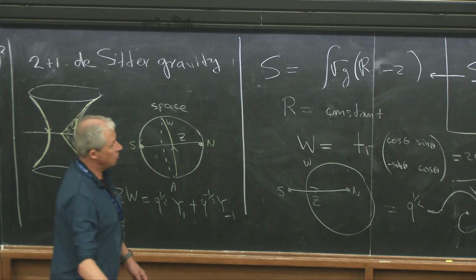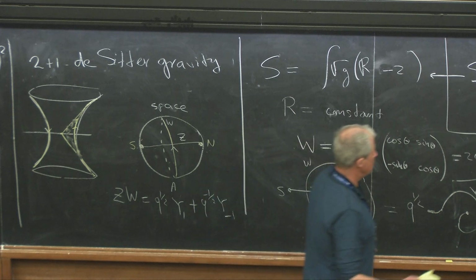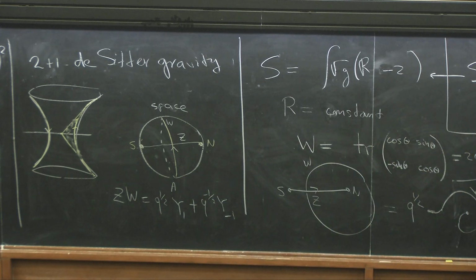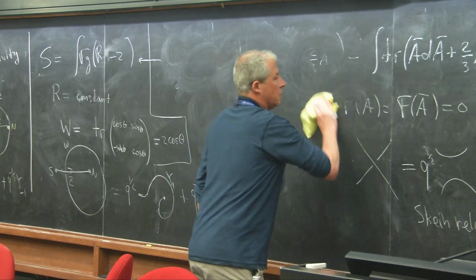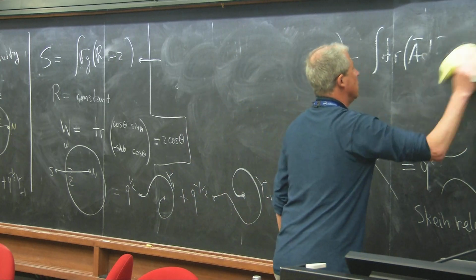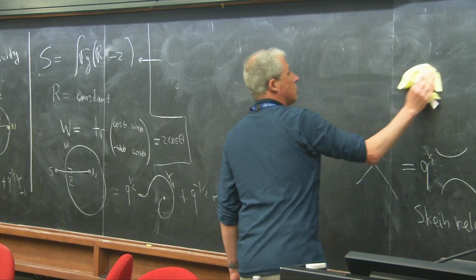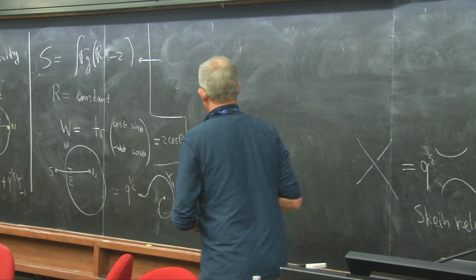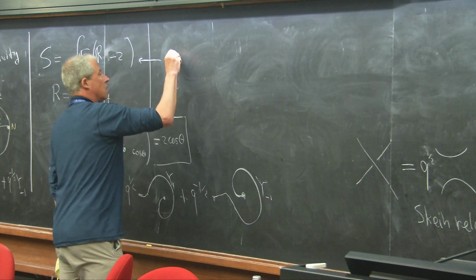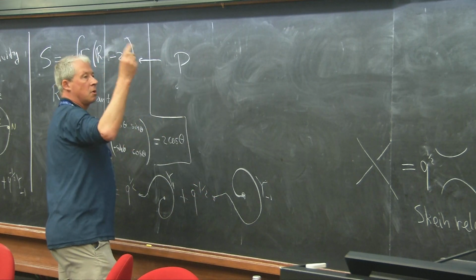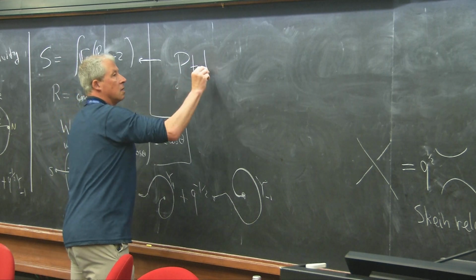And there's going to be one more relation that sort of seals the deal. And again, that relation is the classical version of this relation. But to write it, how am I doing with time?